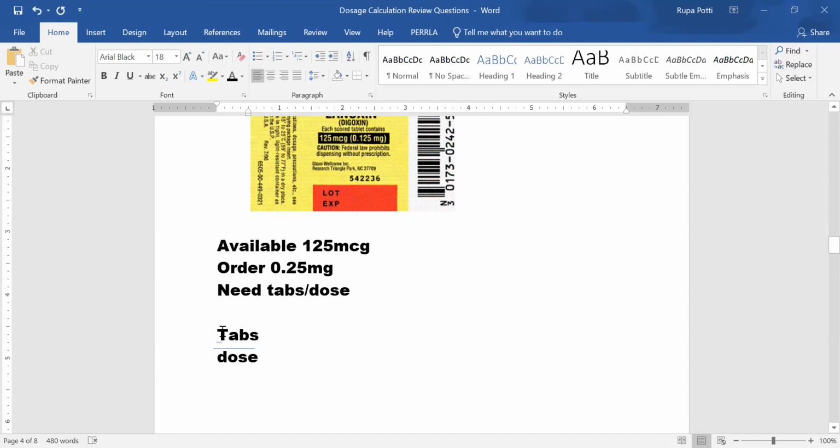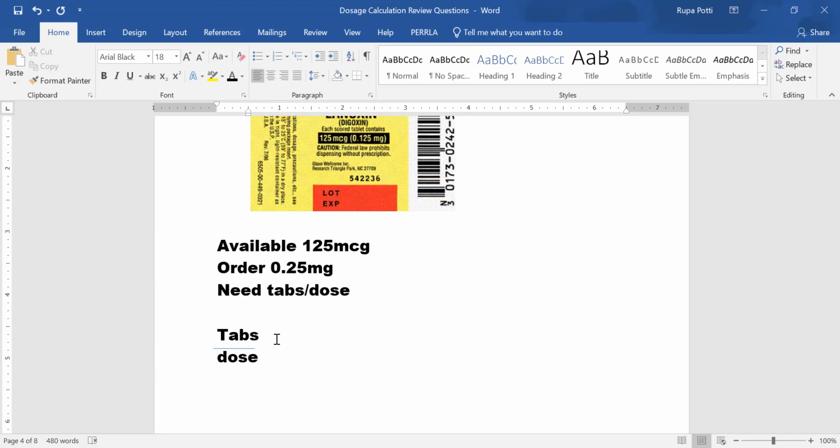For example, here you need tabs per dose. As you keep canceling, if you do not have tabs per dose remaining towards the end, don't even worry to calculate the numbers, because your problem is wrong.